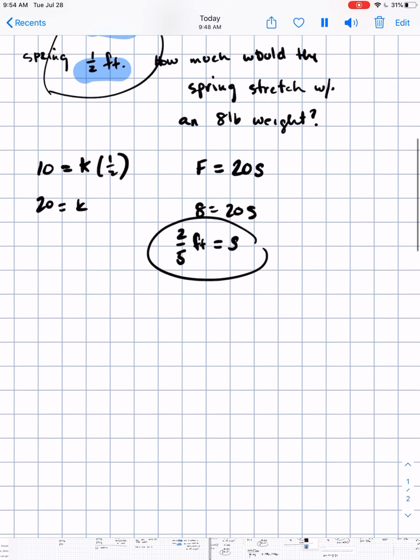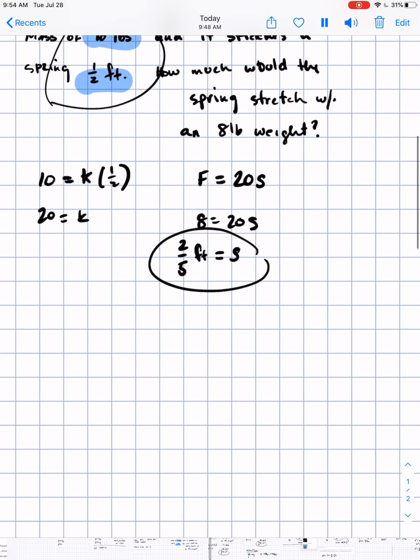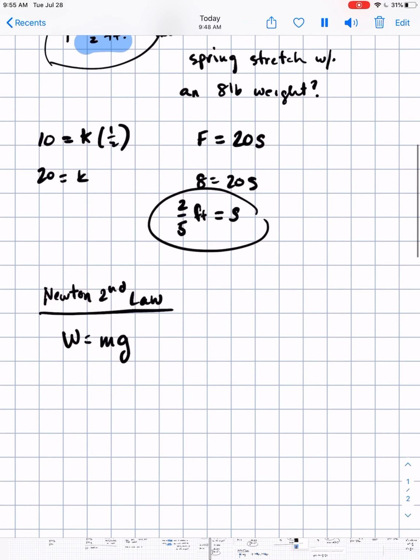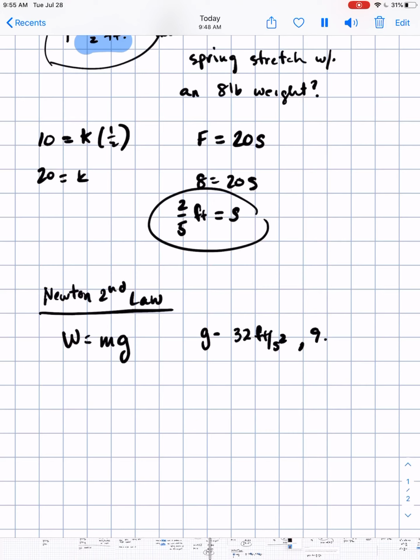The other thing that we're going to need is mass. So we all know Newton's, well, maybe you don't know that it's Newton's second law, but you probably have all heard of this, where weight is equal to mass times gravity. Gravity in this case, we always want that to be either 32 feet per second squared or 9.8 meters per second squared.